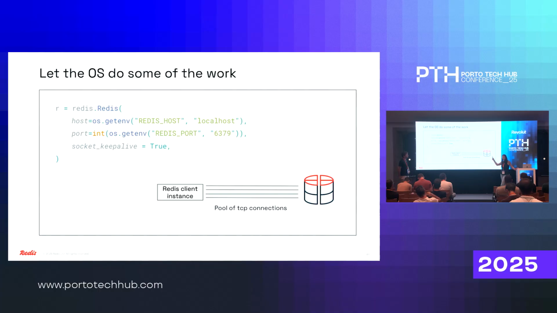Instead, if you have a dead connection and then the application comes and tries to send, it has to wait for it to time out, and only then you report an error, right? So if you set socket keep alive to true, this happens automatically for you, and the reaction time to an error is much, much shorter.